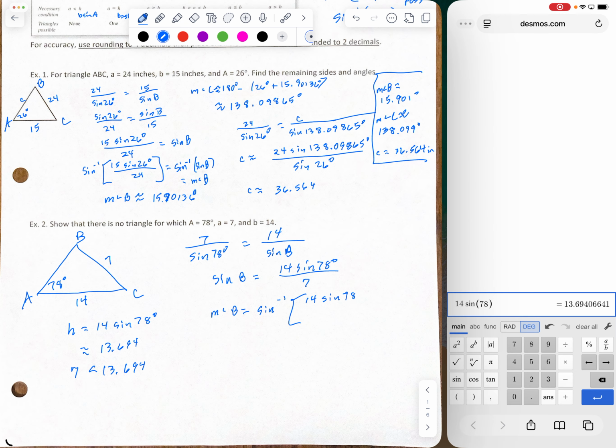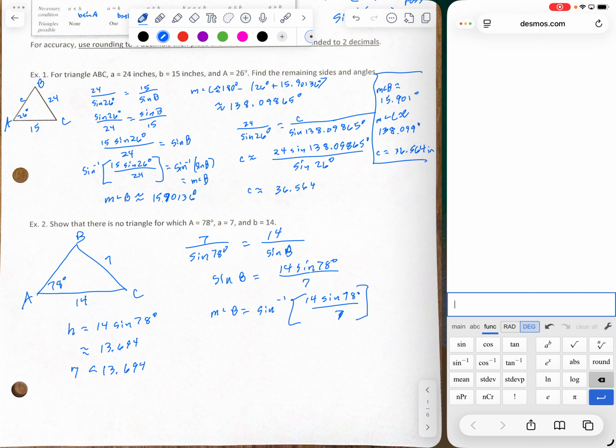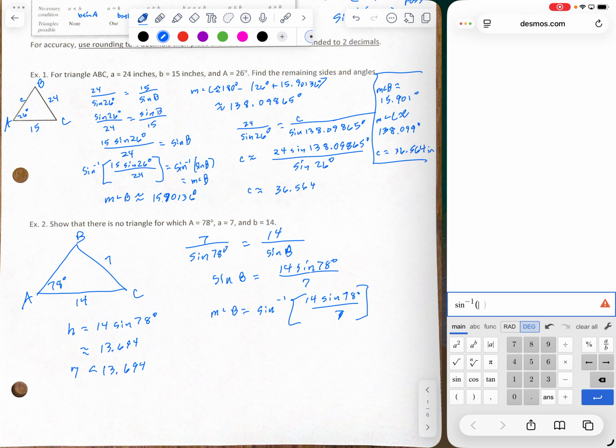And I can check. The height is 14 sine of 40 degrees. It's always the adjacent side times the sine of 40. So if I go back to Desmos and calculate that, 14 sine of 40, I'm getting 8.999.